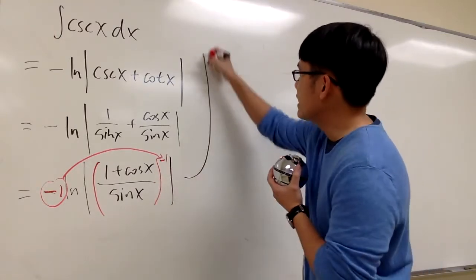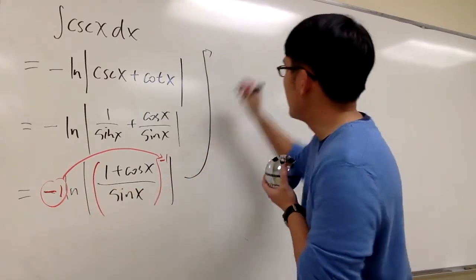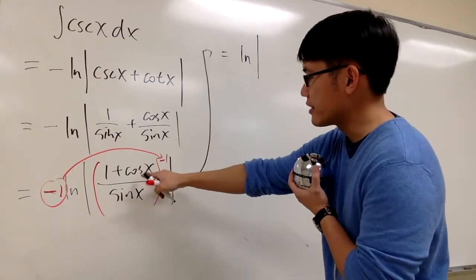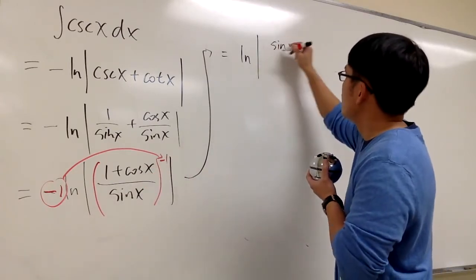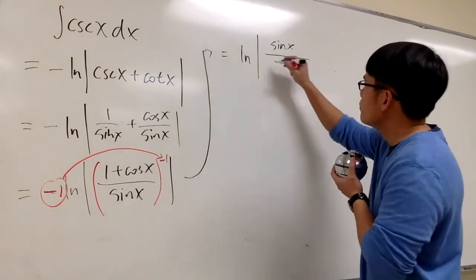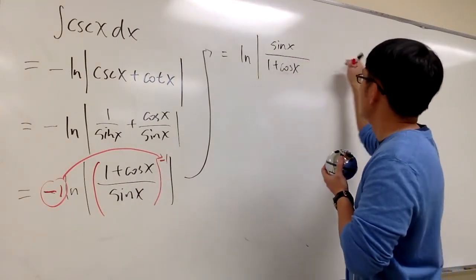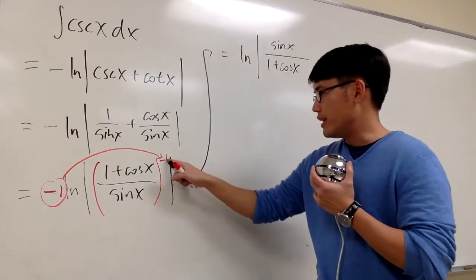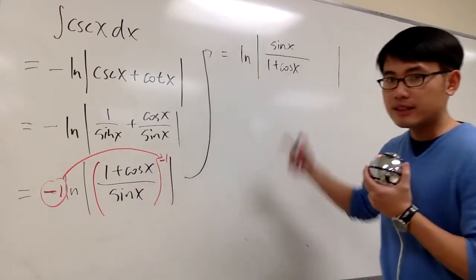So that's exactly what's going to happen. And then we will have a positive ln. And then the inside will be sine x on the top over 1 plus cosine x on the bottom. Once again, negative 1 exponent, you flip that.